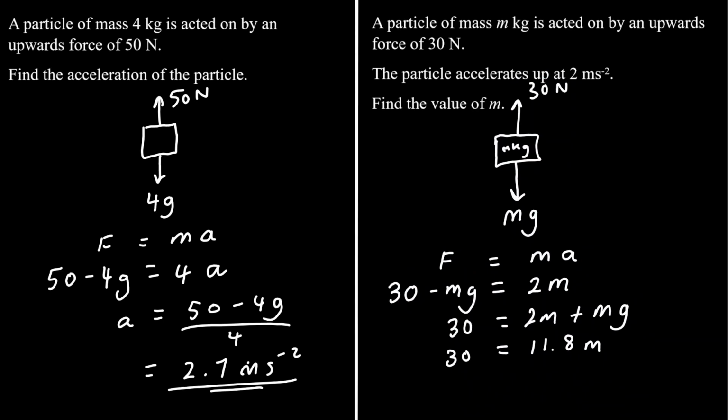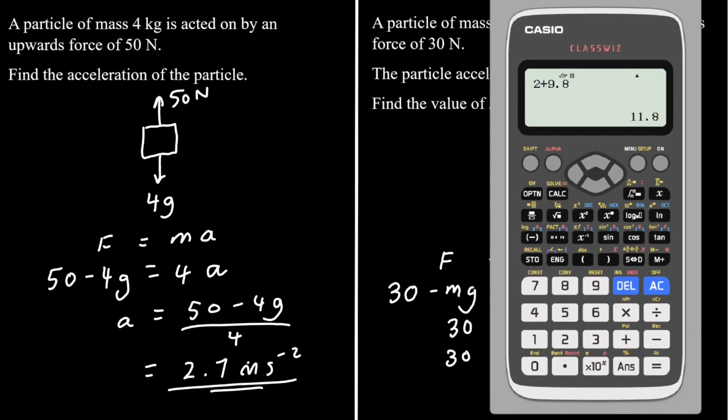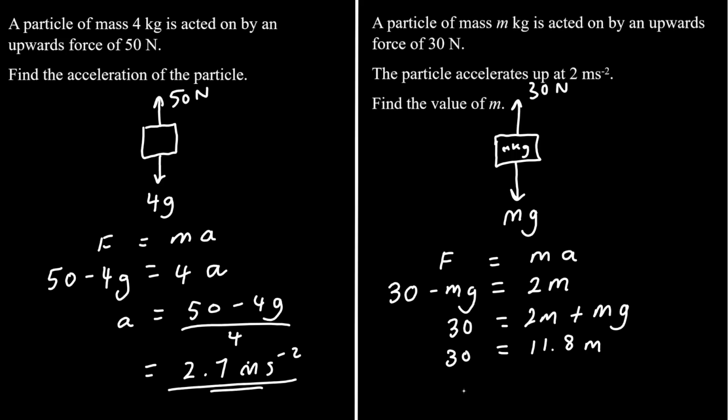So to get m by itself, we're going to divide by 11.8. And I get 2.5 to 2 significant figures. It's okay to give your answer to 3 significant figures, but you definitely cannot do more than that. 2.5 kilograms.